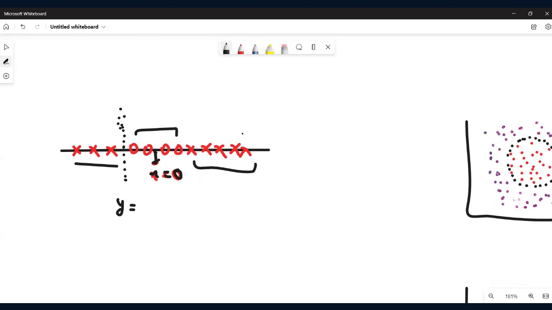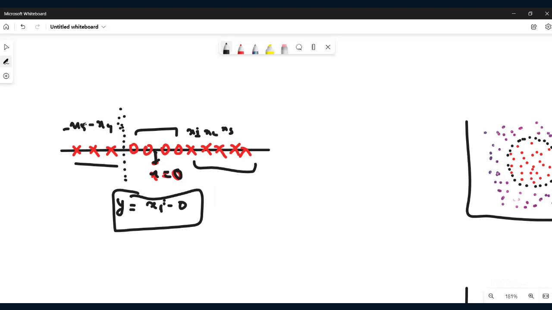All these variables have only x dimension, right? So y is equal to xi minus 0. All these variables are having xi, let's say x1, this is at x2 distance, this is at x3 distance, this is at minus x4 distance or minus x5 distance. Okay, so let us introduce one more variable y, which is xi minus 0 origin.